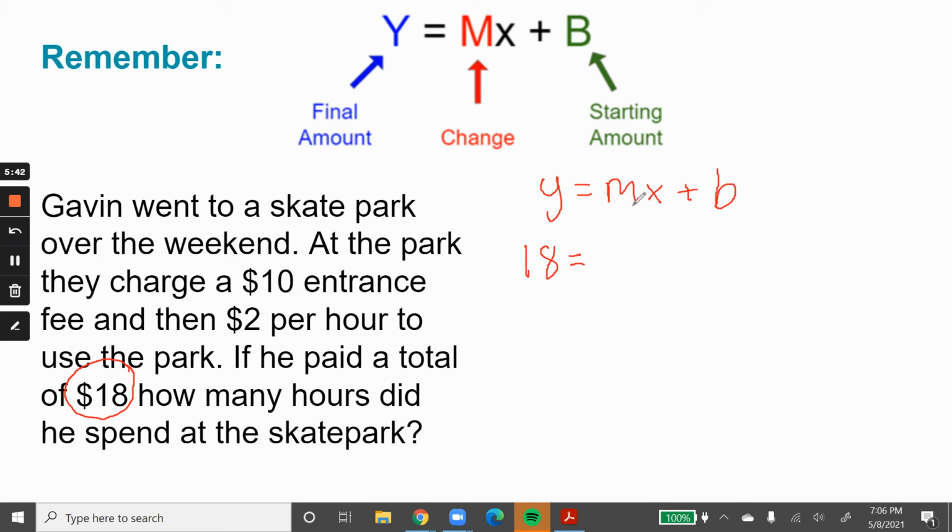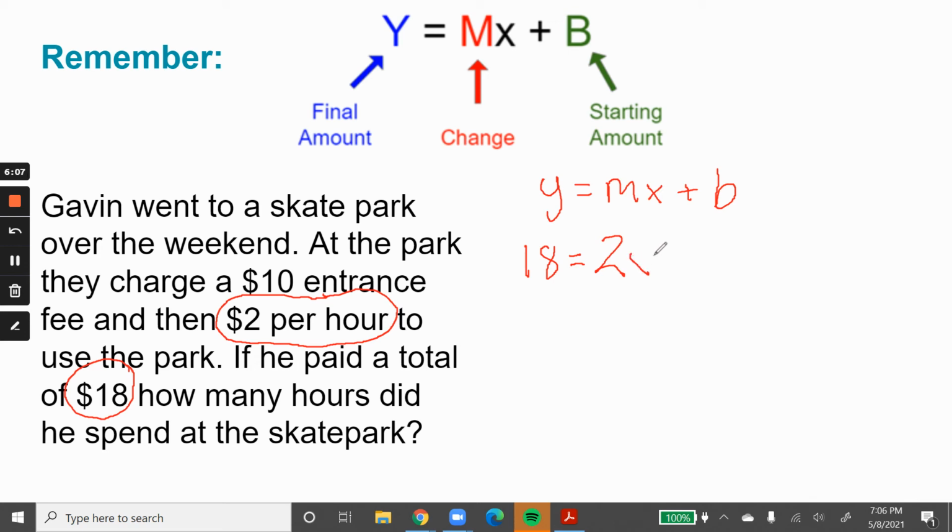Okay, so what's the change? We're looking at how much did he pay per something. So we know that the thing that can change is the hours that he spends. So we're going to put $2 because he has to pay $2. And then X is going to represent the hours.